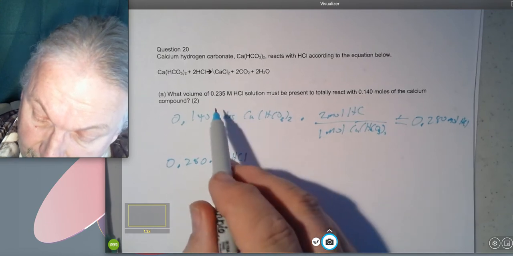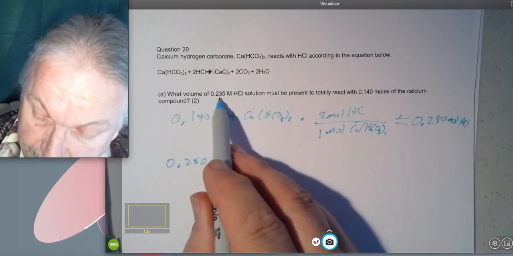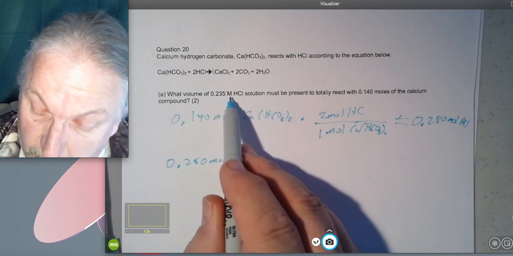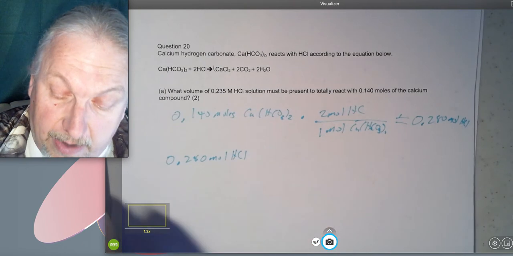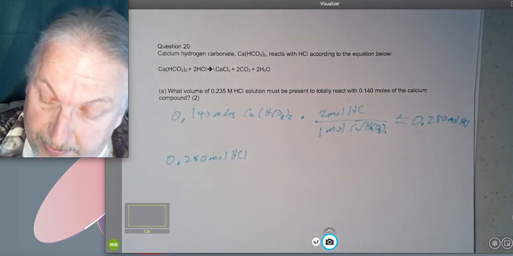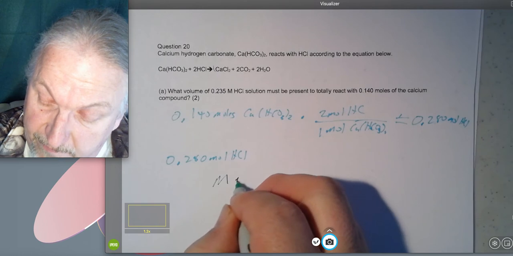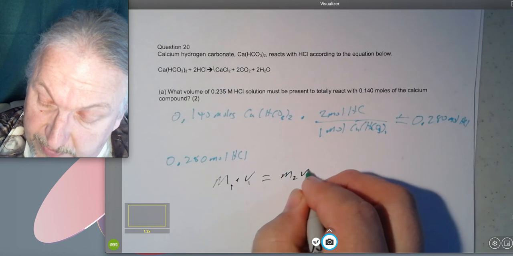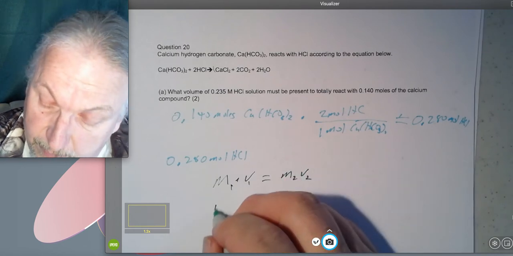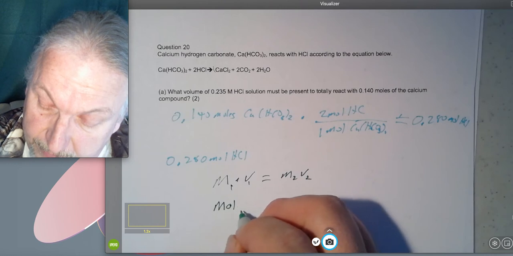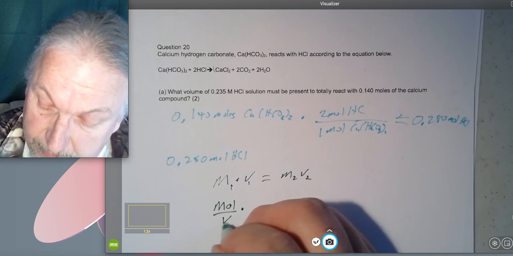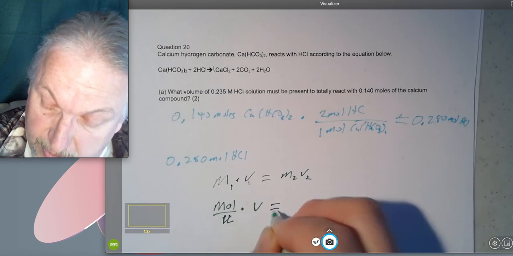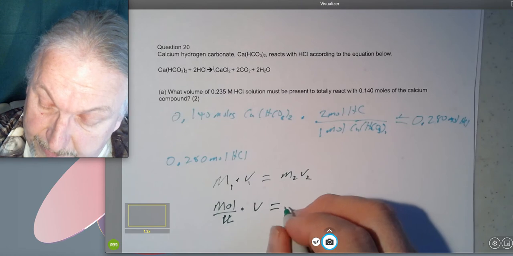And I've got a solution of 0.235 molar HCl. So now I'm going to use that little formula we talked about, M1V1 equals M2V2, or molarity times volume equals the number of moles I need.